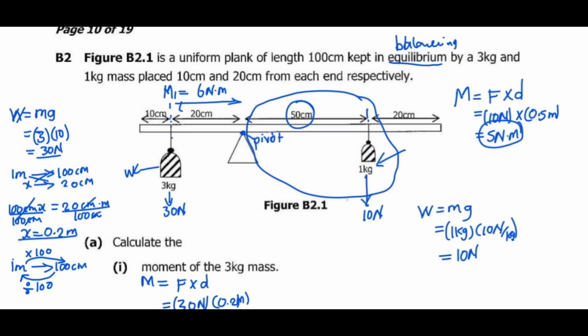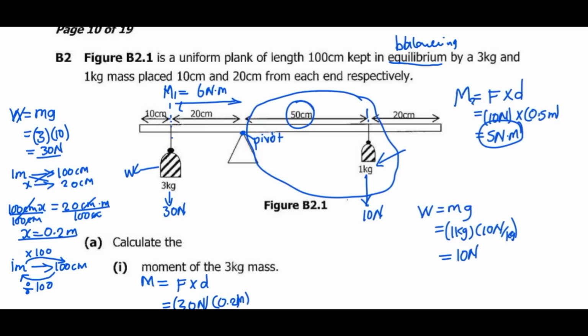So we can see that moment 1 is 6 newton meters, then moment 2 is 5 newton meters. So we can see that these two moments are not equal. Now we are told this was kept in equilibrium, so there should be another moment, and this moment was done by the plank. Now how can we find this moment?